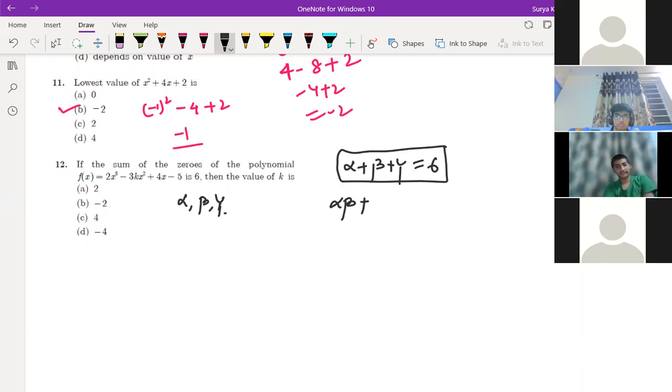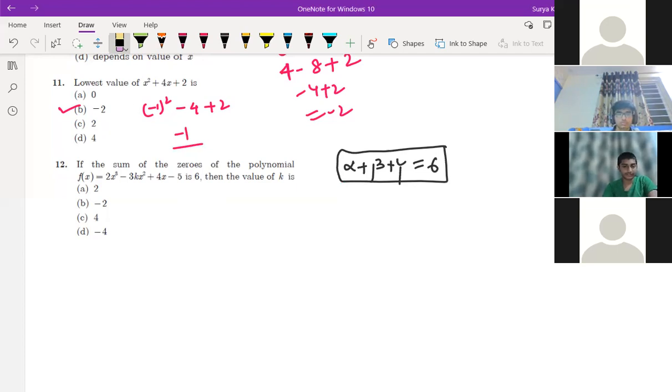Substitute the value of alpha plus beta plus gamma. Do you know what is the sum of the zeros in a cubic polynomial? I think it's C by A. That only is given.